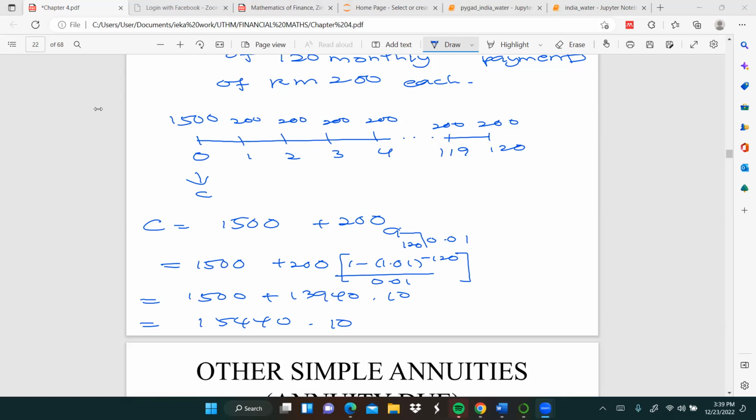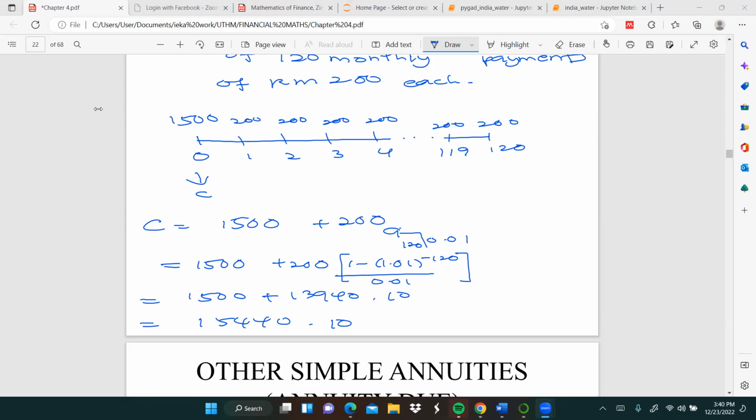We know that every month he should pay 200, but he missed it, so the 200 has to be added up. We cannot simply multiply 200 by 9.